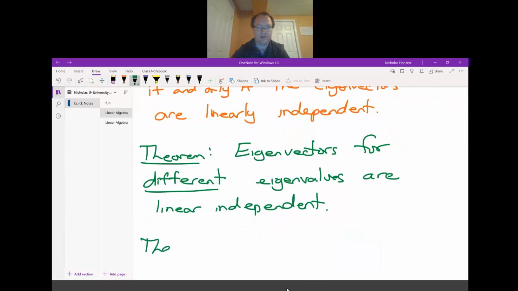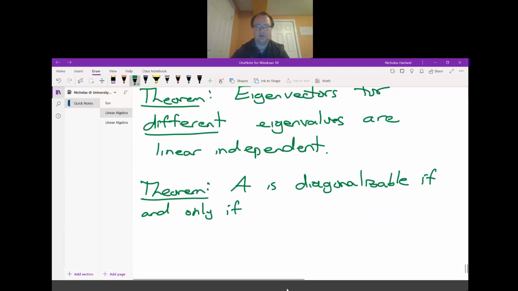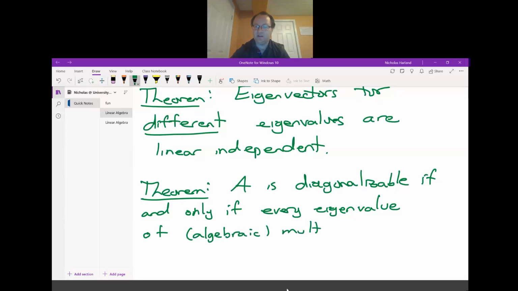So we'll wrap it up here. A is diagonalizable if and only if every eigenvalue of algebraic multiplicity K has K linearly independent eigenvectors.